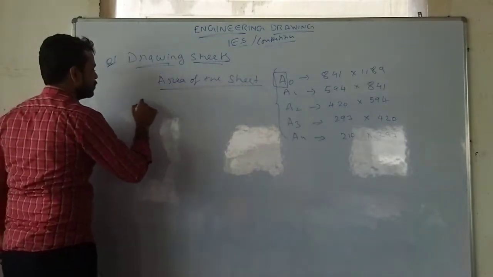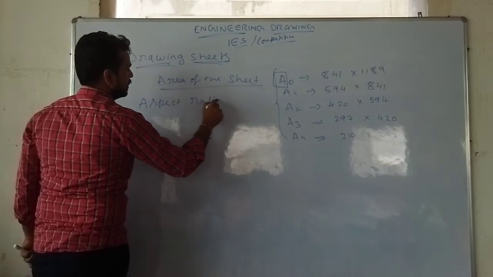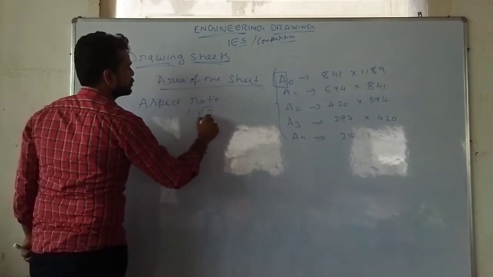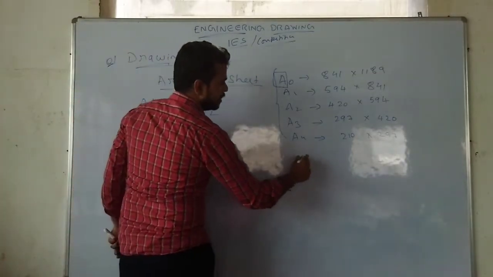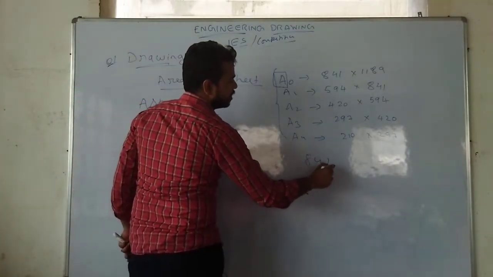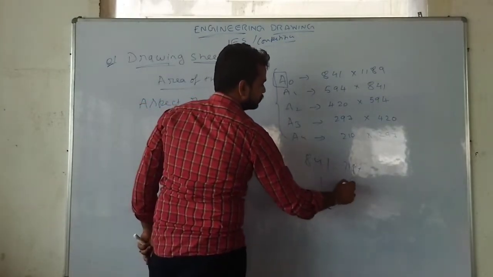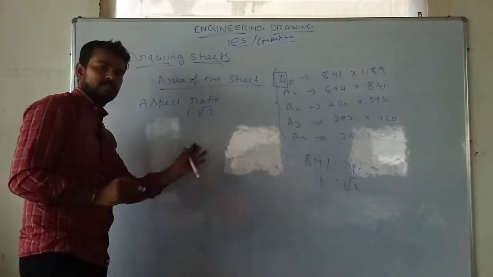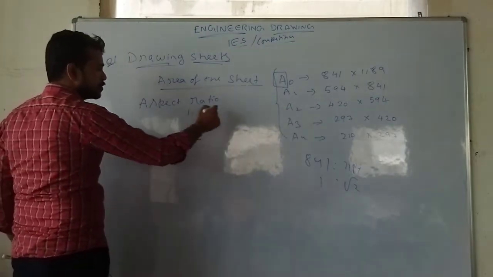The common thing is known as the aspect ratio, and that aspect ratio is 1:√2. If you consider 841 as the 1, and 1189 as the √2, in that aspect this thing will change. So this is the aspect ratio 1:√2.